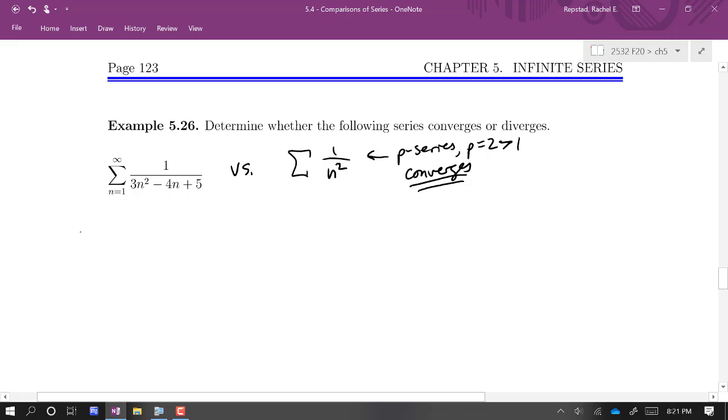Now I'm going to look at the limit as n approaches infinity of a_n over b_n, the terms of one series divided by the terms of the other. It does not matter which one you start with and which one you divide by. Regardless of which one goes on top, you'll reach the same conclusion. So I'm going to take our given series and divide by the terms of our comparison series, so times n squared over 1.